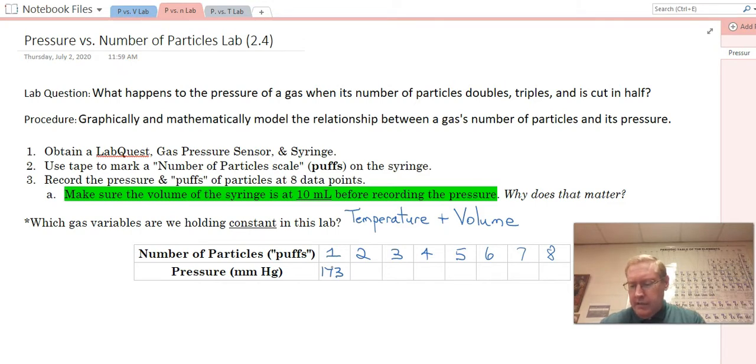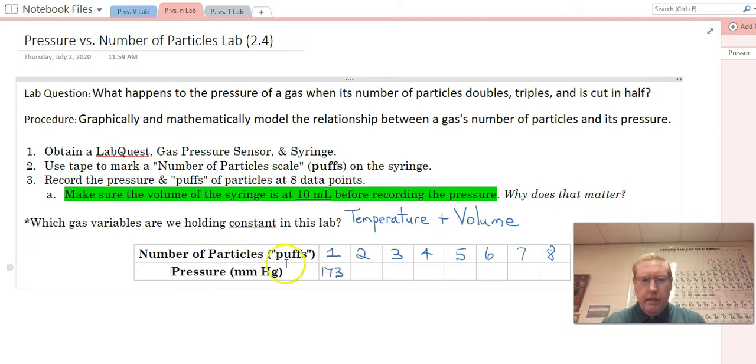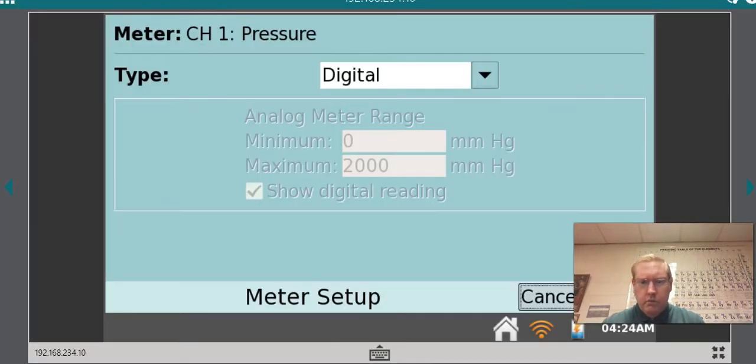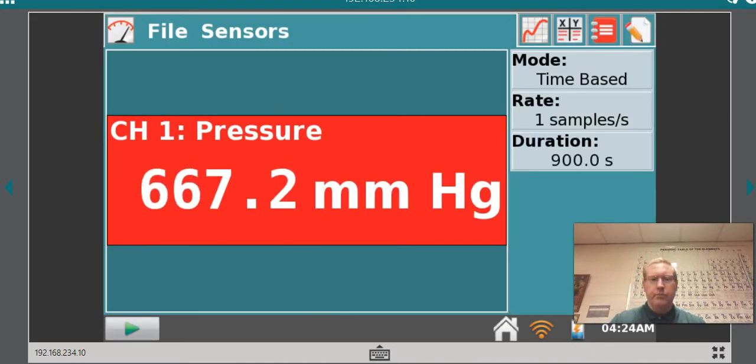So in this case, I need to pull back. And let me go to the LabQuest screen. Whoops, hang on. There we go. Let me pull back on this so that we're at 10 milliliters. And let me hold it there.